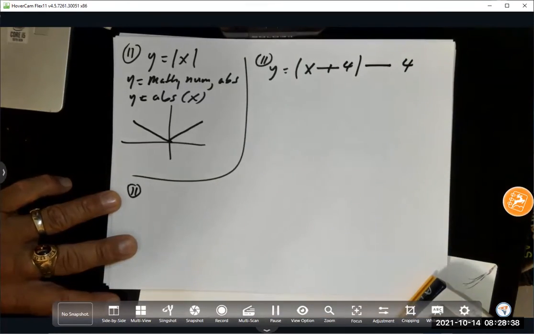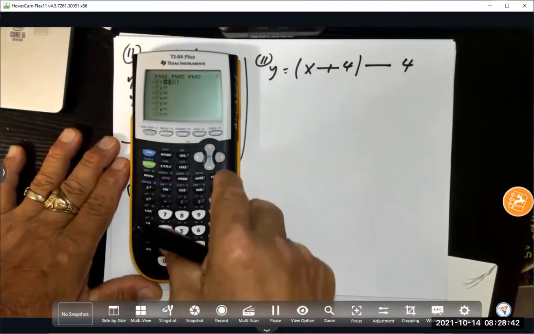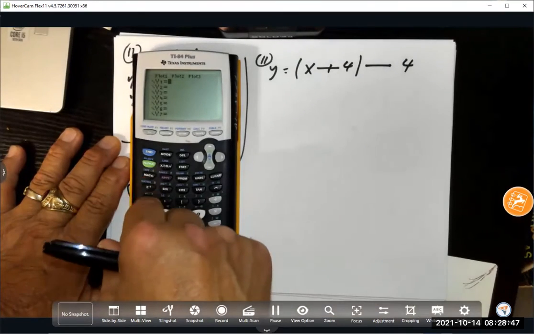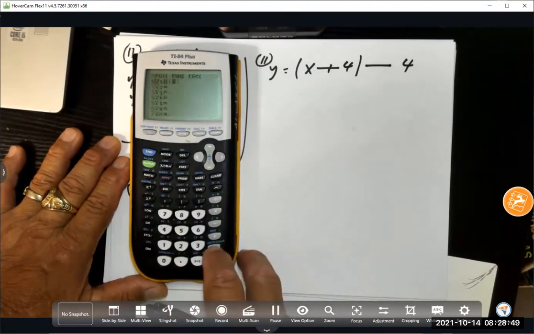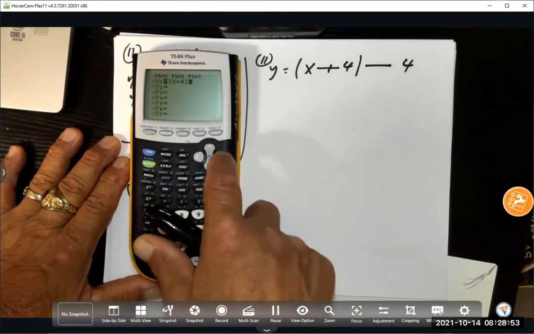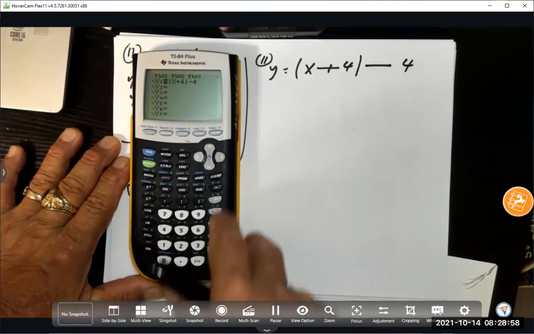So I'm going to do plus a 4 and minus a 4. Okay, so let's go back. Hit clear. So math, number, abs, x plus 4, get out of there, minus a 4, big minus sign 4. So I'm going to hit graph.